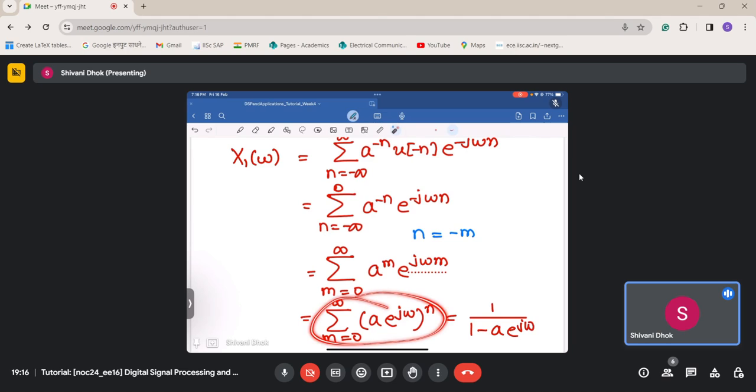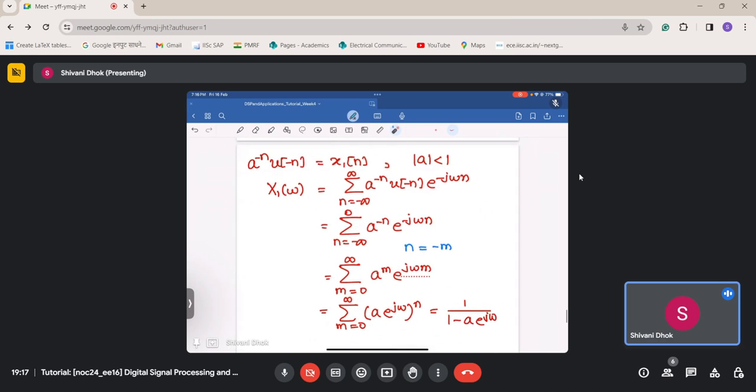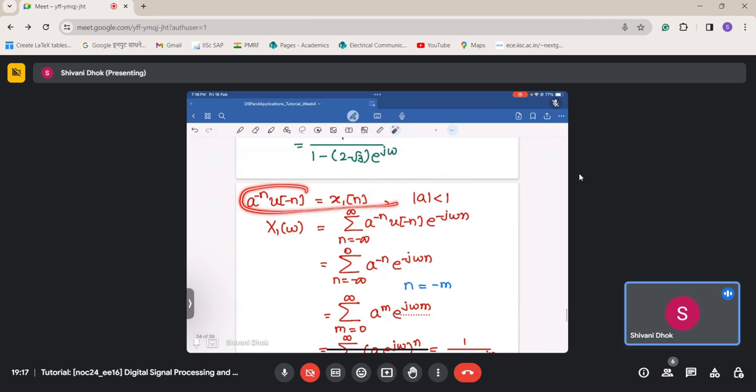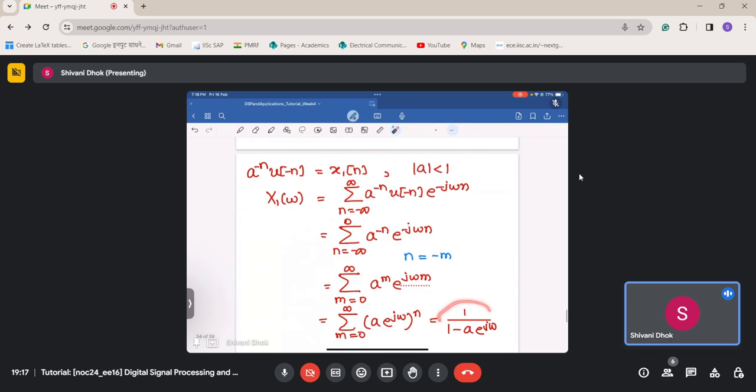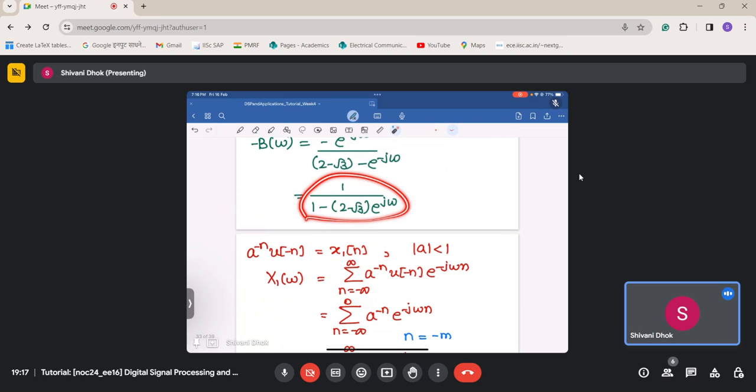This is again an infinite geometric progression standard trick with common ratio as a into e power j omega, and magnitude of this quantity is equal to magnitude of a, which we have set as less than 1. So if I have x of n of this form with magnitude of a less than 1, then my DTFT will be of this form, 1 upon 1 minus a into e power j omega. This is exactly the same thing that we are having here.